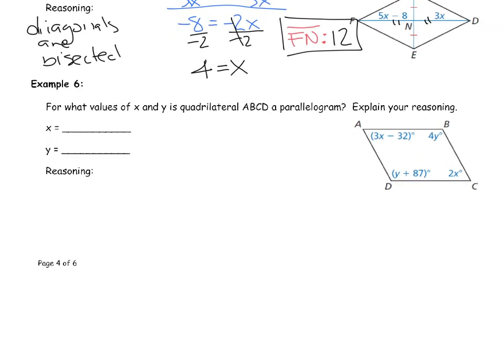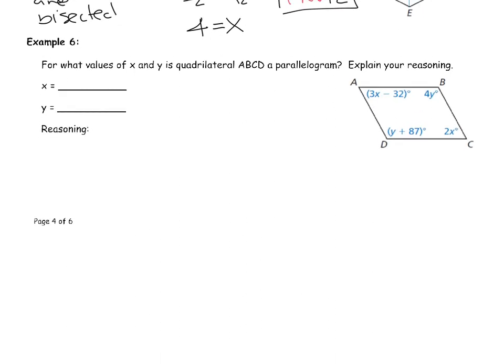So moving on. For what values of x and y is quadrilateral ABCD a parallelogram? Explain your reasoning. Now, for this problem, we're looking at angles. The one thing that we do know that's going to help us with angles for a parallelogram is that opposite angles are supposed to be congruent.